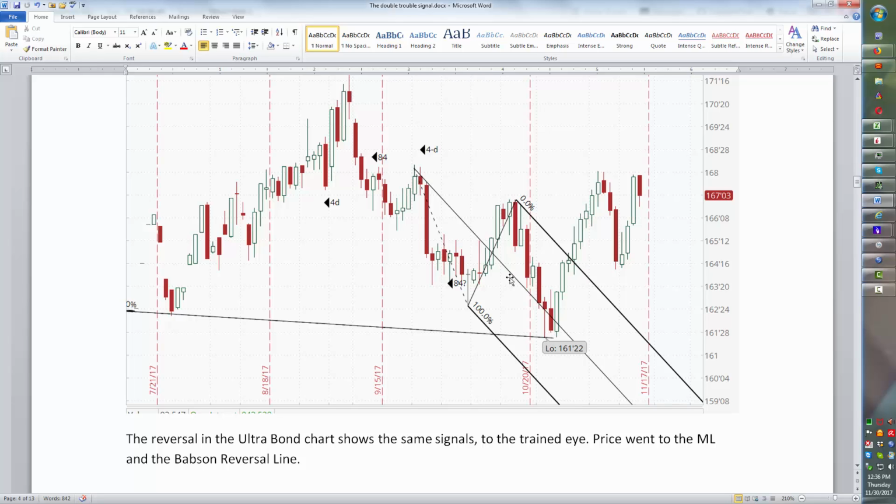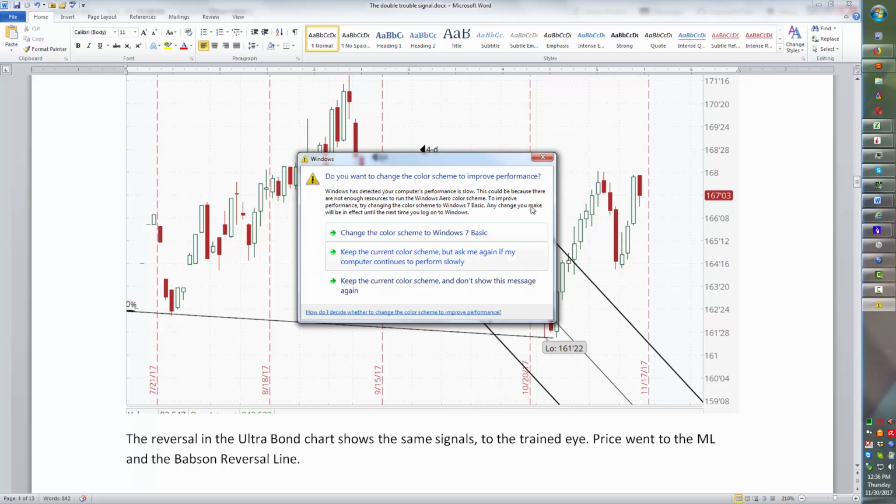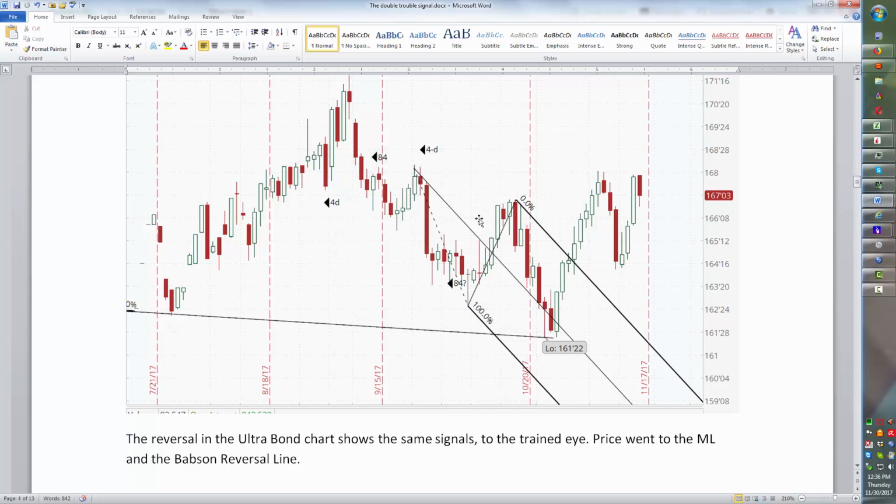Here it goes down to the median line area, and when we have a double trouble pattern in here, price goes up, a nice strong move, and this is about $6,000 to $7,000. So you have this nice strong move with the Babson reversal line.